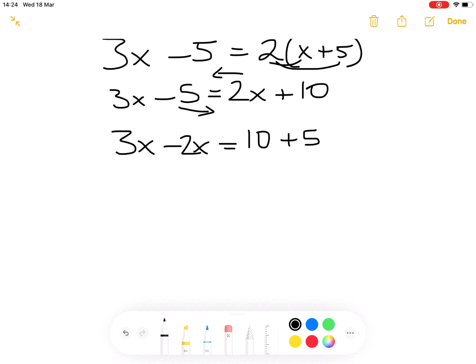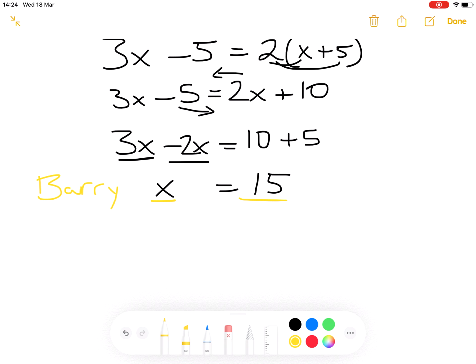Plus 5. Okay. Then to finish off, all I've got to do is 3x minus 2x gives me x, and 10 plus 5 is 15. So that tells me that x was equal to 15. That was how many games that Barry had at the very start, wasn't it? So Barry had x number of games, and I've now figured out that x was 15.